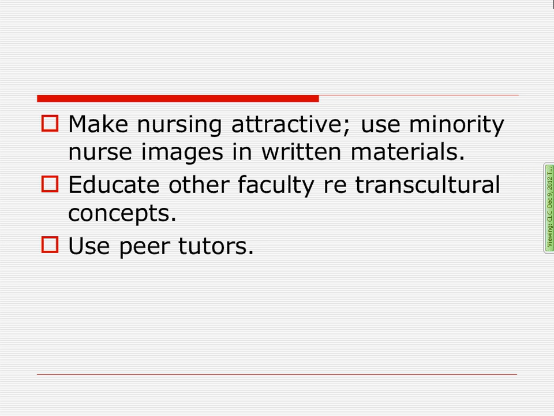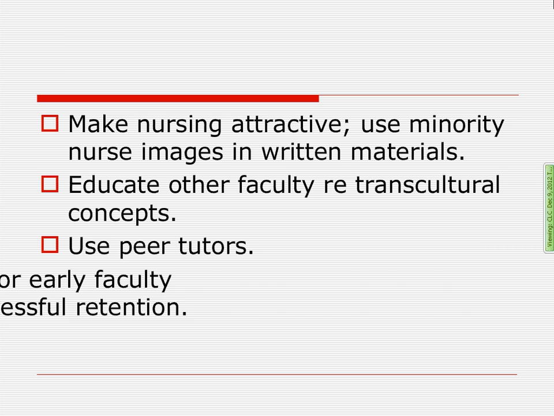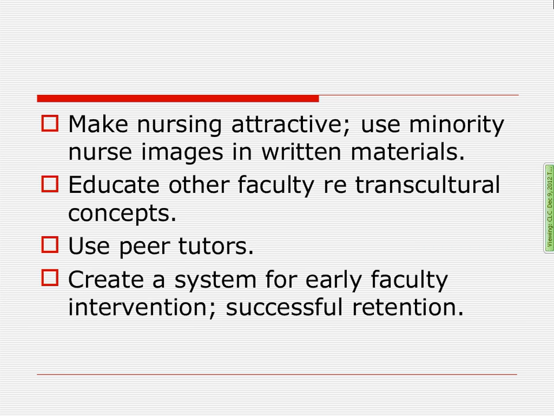Using peer tutors, sometimes that works, sometimes it doesn't. If the peer tutors are strong students, then that's okay. And then create a system for early faculty intervention, a successful retention plan. Maybe it's a matter of identifying the students who are at risk and paying attention to see how they're doing.